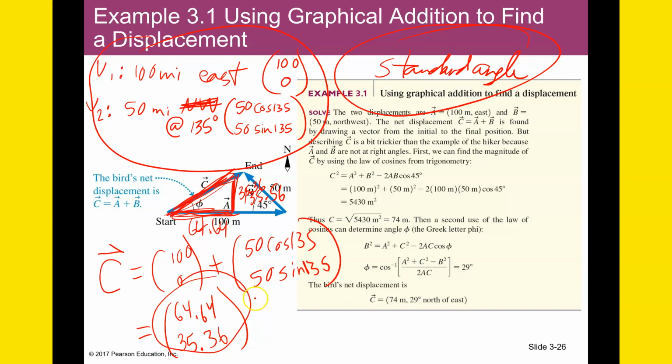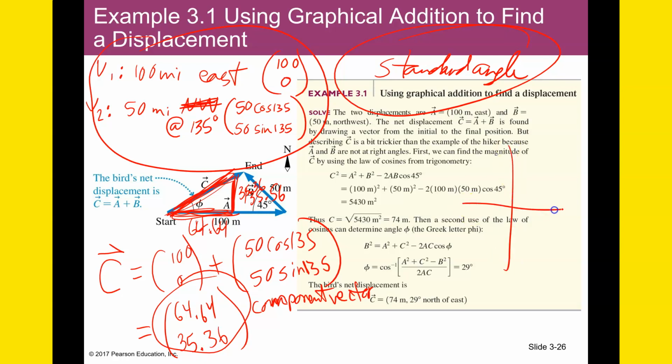This is called a component vector. And that's one very legitimate way to express a vector. You might also be asked to express the vector as a magnitude and direction angle. So let me do it that way.